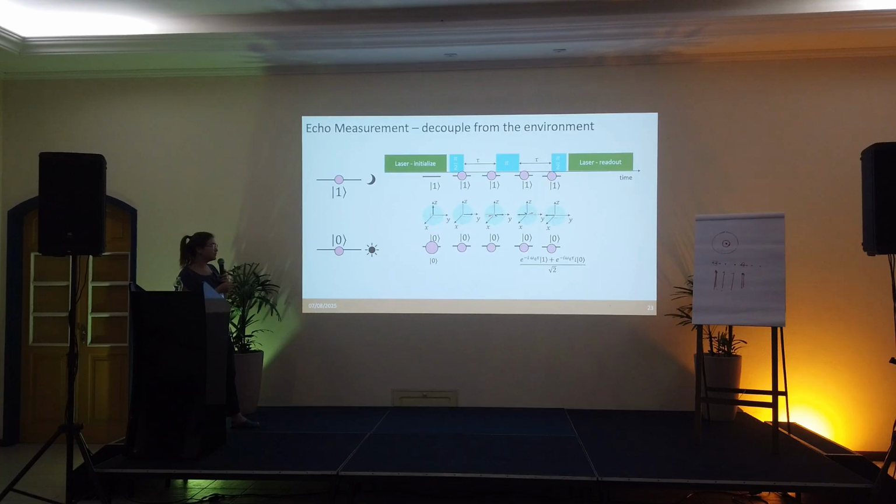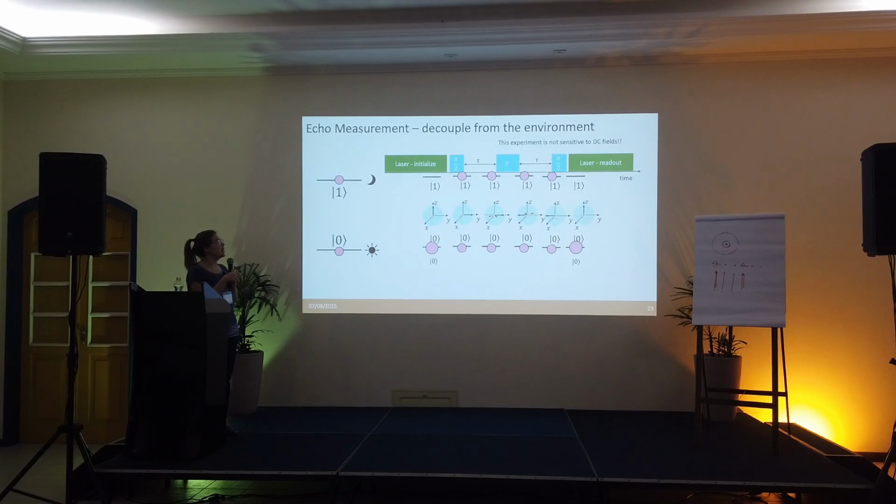I can, to a large degree, get rid of it, and I end up with a very well-defined quantum state that does not depend anymore on my evolution time. So when I'm doing this experiment, this is not sensitive to DC fields or to slowly varying fields. If I have a field that is varying slower than my experiment time, then this type of measurement is no longer sensitive to it.